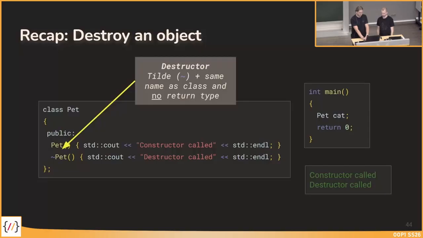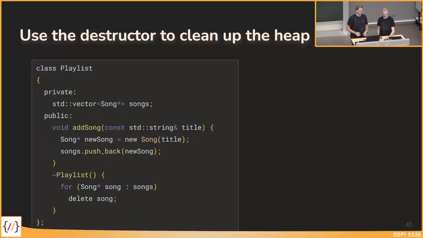Okay, let's see a better example, which is a pretty good use case, I would say. And I think you use something like that in your assignments. We have a playlist class here with a vector of song pointers.